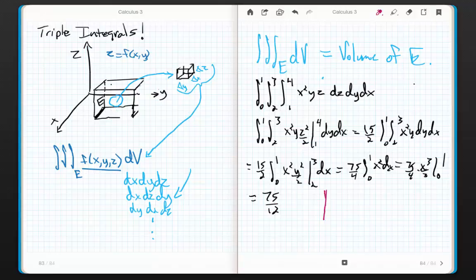What this basically does is it takes the enclosure, that E. So here's X, here's Y, and here's Z. All right, and what did I do? I went from 1 to 4 on z, and then on y, I went from 2 to 3. And on x, I went from 0 to 1.